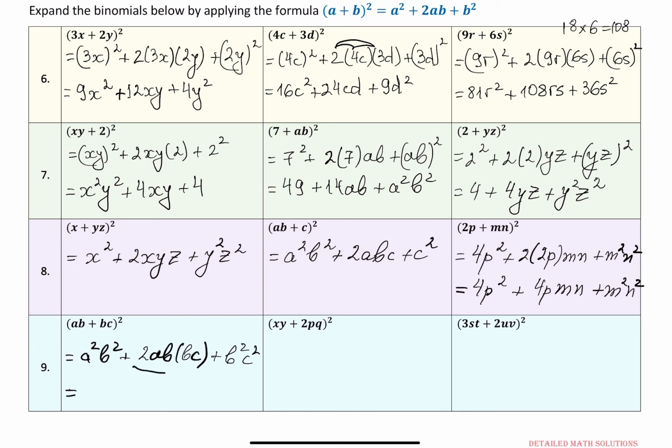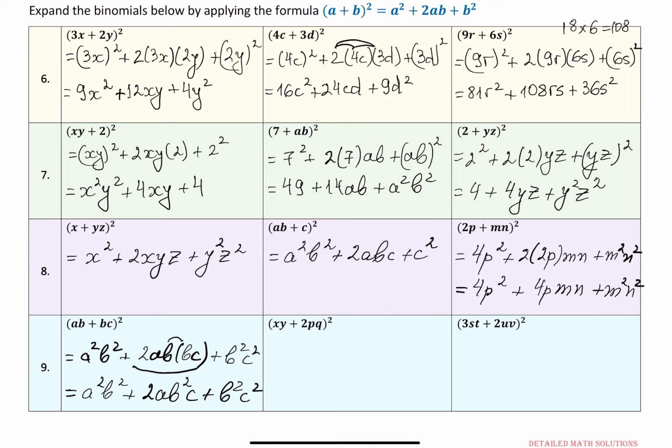I'm going to simplify the second term further, noticing I have b multiplied by b, which gives me b squared. Therefore, this expression equals a squared b squared plus 2ab squared c plus b squared c squared.